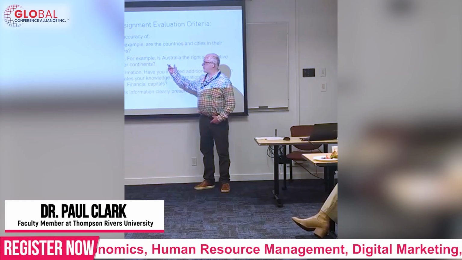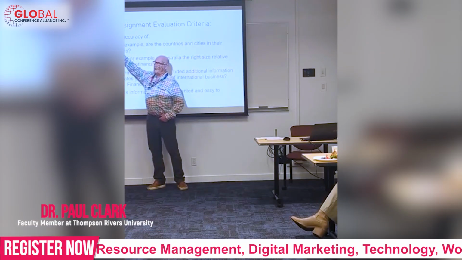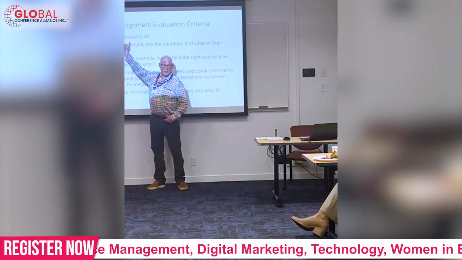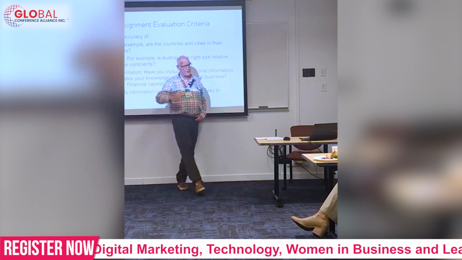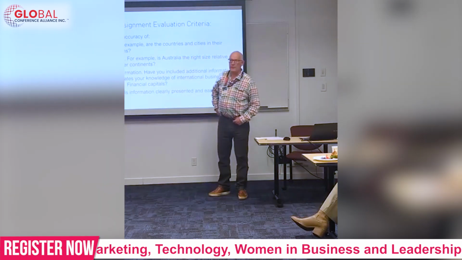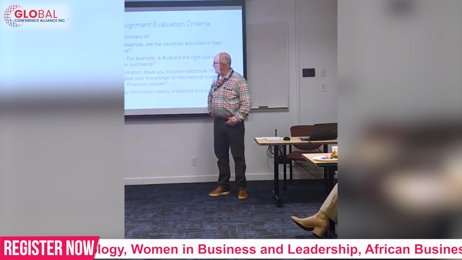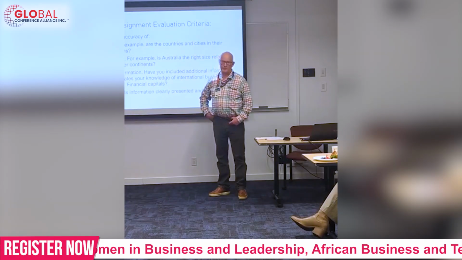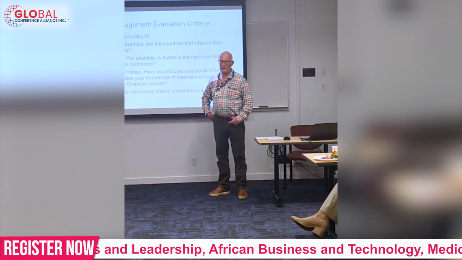There's 4 criteria. One is the location. And we're talking about level of detail and accuracy. So locations, for example, are cities identified? Are country names identified? Size and scale. Are the shapes and sizes of the continents appropriate?